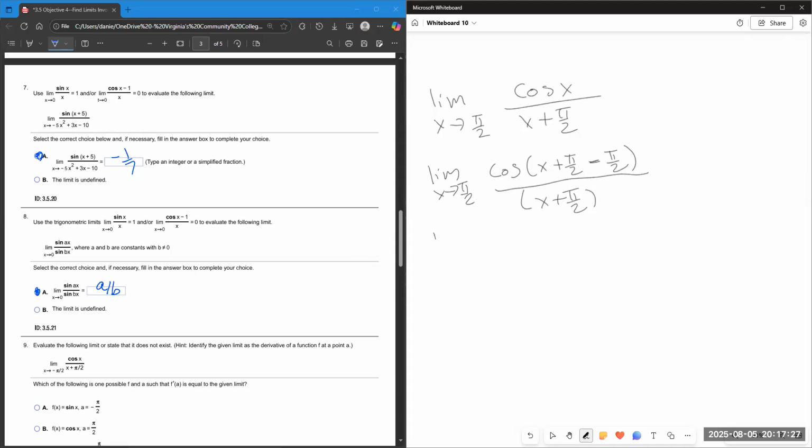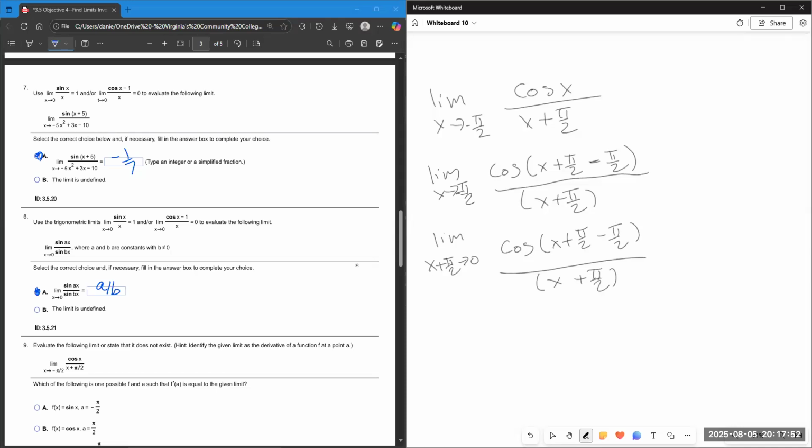So this is the limit as x plus pi over 2 goes to 0, of cosine of x plus pi over 2 minus pi over 2 over x plus pi over 2.